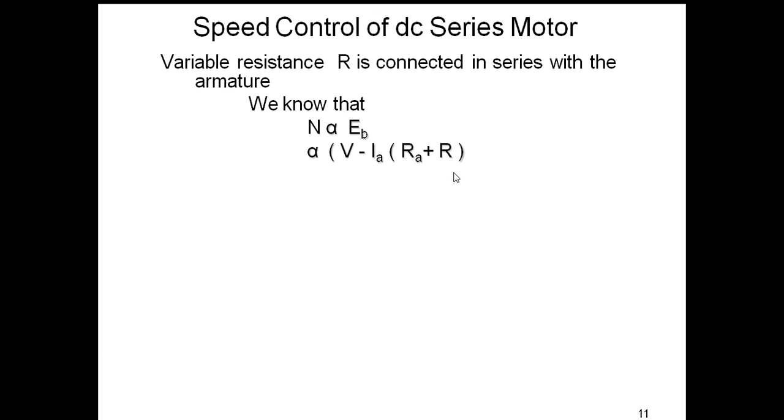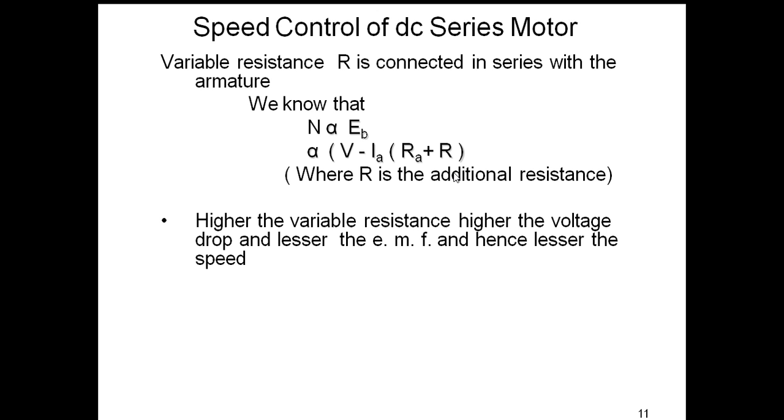So now N will be directly proportional to V minus IA into (RA plus R), where R is the additional resistance.